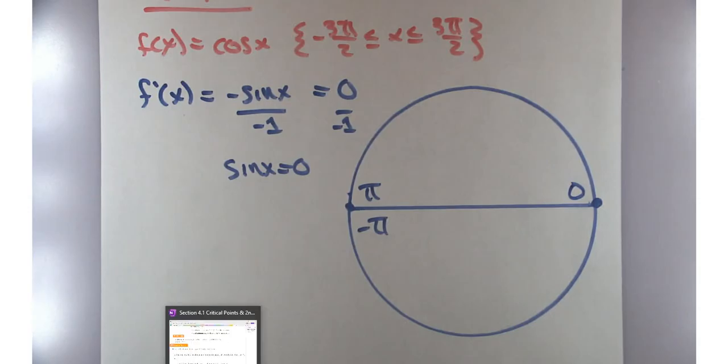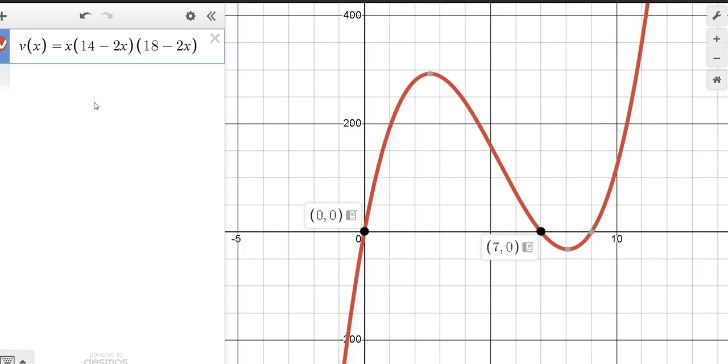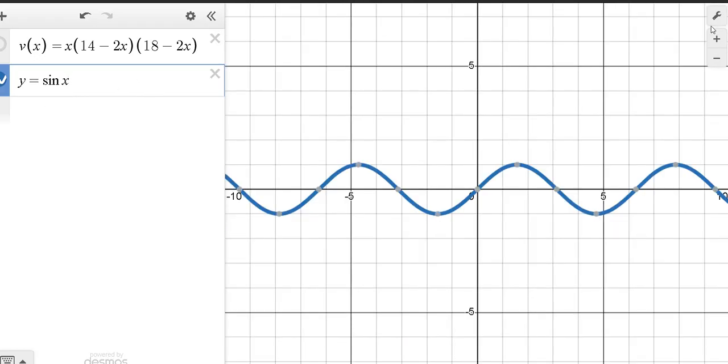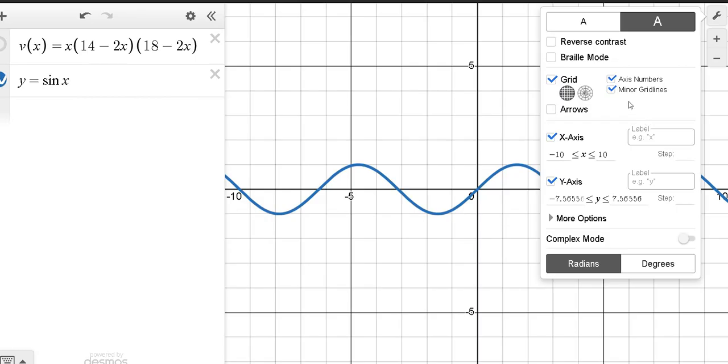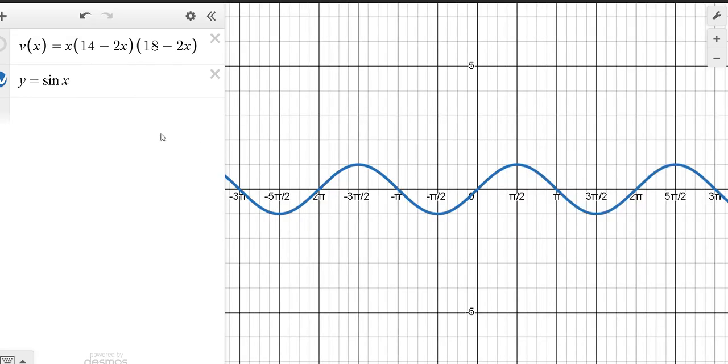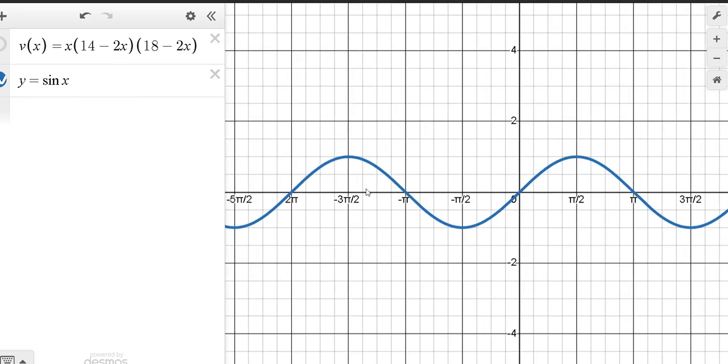We can kind of double check ourselves with Desmos. Do it this way. So take a look at the graph of y equals sine of x. And I'm going to have to change the scale a little bit here. Let's put in some labels of, let's see, how about pi over 2? There we go. I want to know where that's equal to 0.